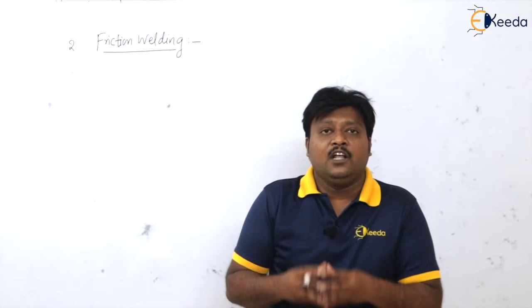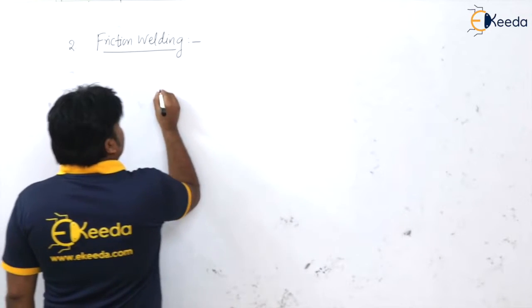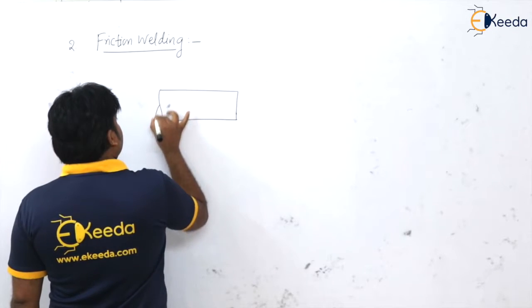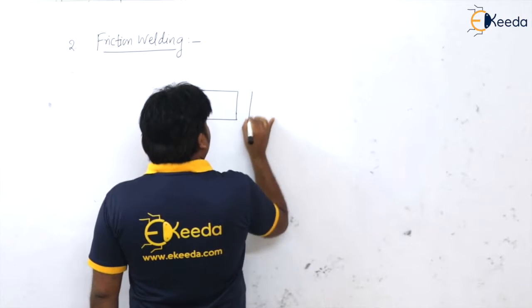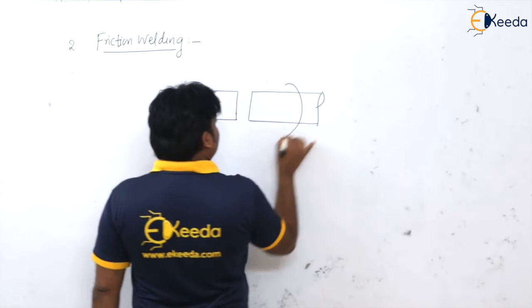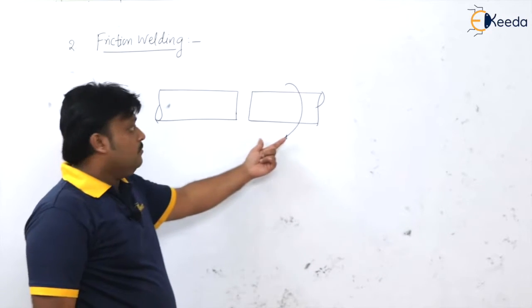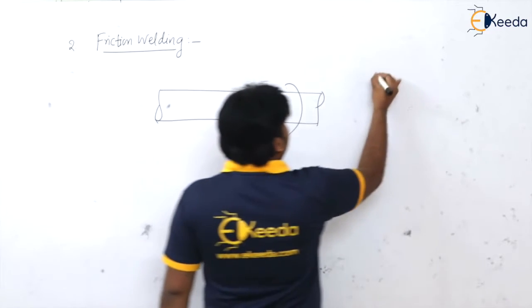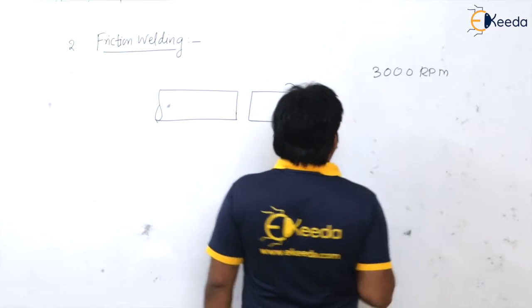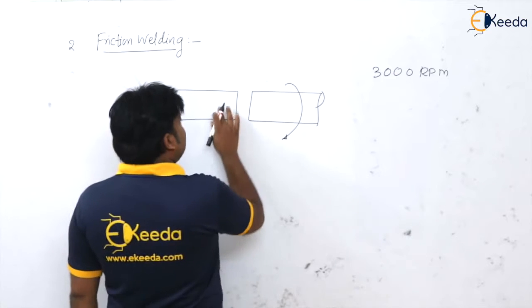Here, one part is rotating with very high RPM, around 3000 revolutions per minute, and the other is kept axially aligned.